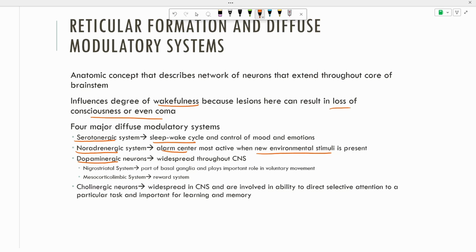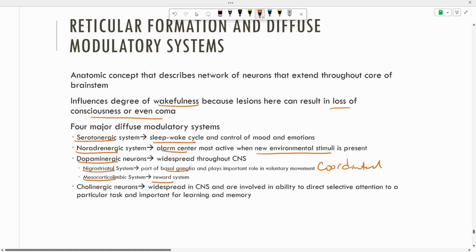Dopaminergic, this is obviously dealing with dopamine. We have 2 parts, the nigrostriatal, remember this is basal ganglia, this is all of our coordinated movements. And we have the mesocortical limbic, which is that reward system we talked about with drug abusers. They want that dopamine hit, and they'll keep doing dangerous things to get that dopamine kick.